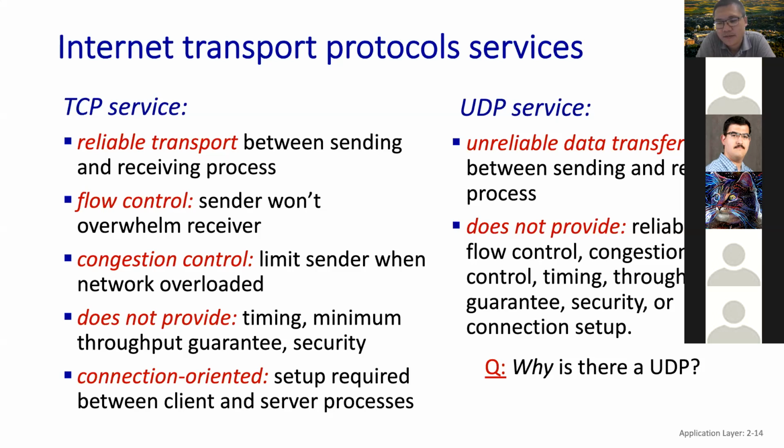Sometimes it's not important to have data integrity. Like for streaming video or streaming audio, it's more important to just continue the stream than to make sure that every piece of data is delivered. Yes, that's right. So one word is speed, right? Speed or throughput, or low delay, right?